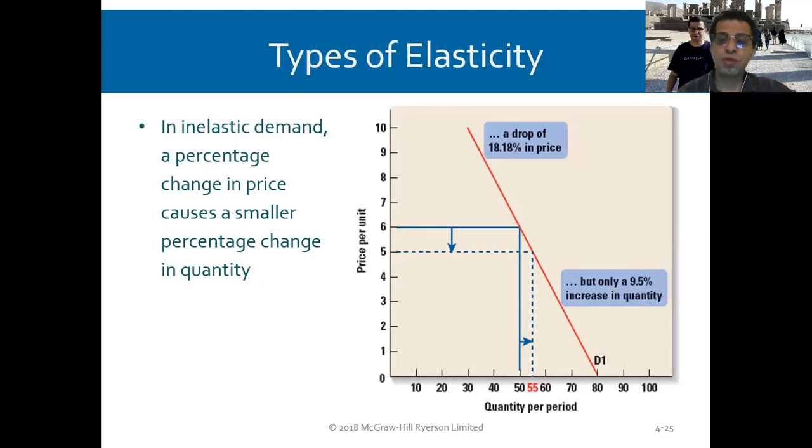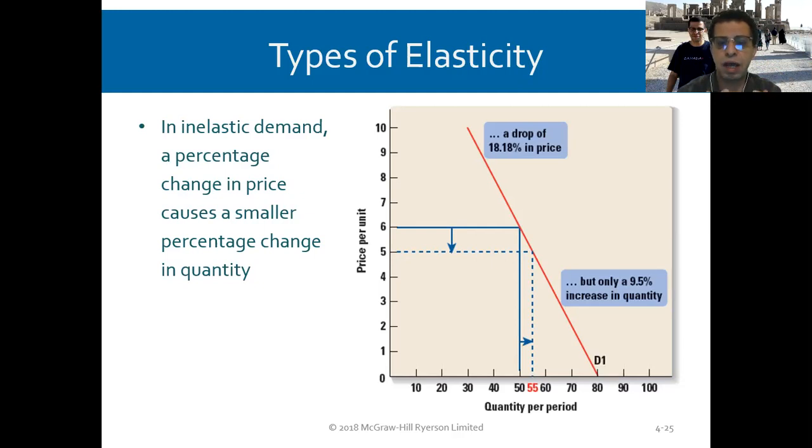So if you consume 20 bottles of alcohol monthly, maybe things get cheaper or more expensive, but you're not going to reduce according to the price. As prices go up, you're not going to reduce by the same amount. No, you're going to reduce less, because you're not 100% sensitive to the price.